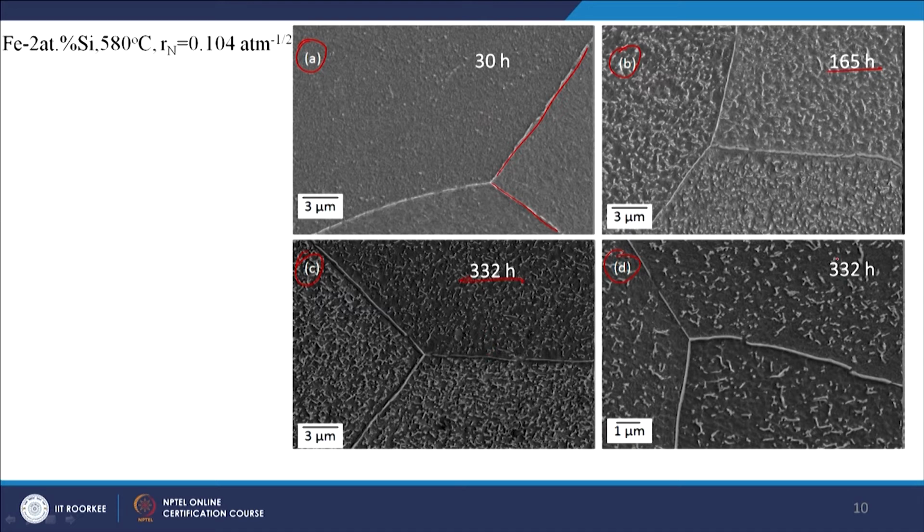This is a higher magnification picture of the 332 hours, where you also see something developing along grain boundaries. These kinds of observations were not there for iron, chromium and vanadium, and here you see distinguishable precipitates growing.